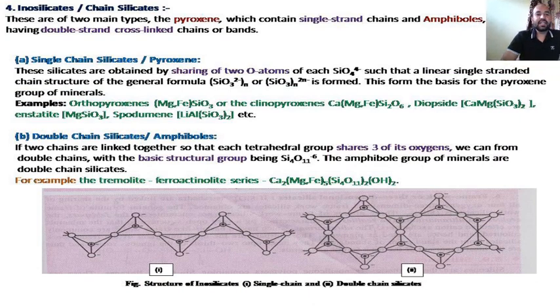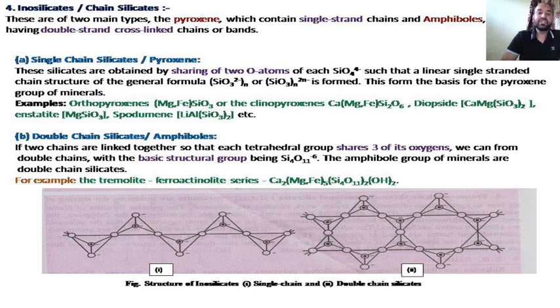Next is inosilicates or chain silicates. These inosilicates or chain silicates involve the sharing of 2 or 3 oxygen atoms with the neighboring SiO4 4- tetrahedral unit. So there are 2 categories.